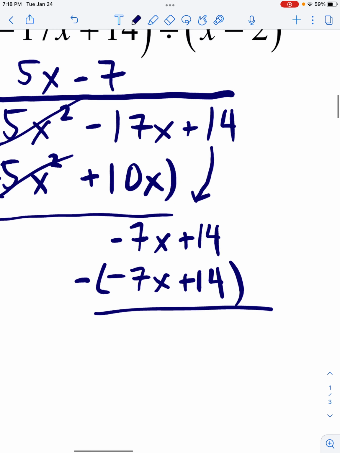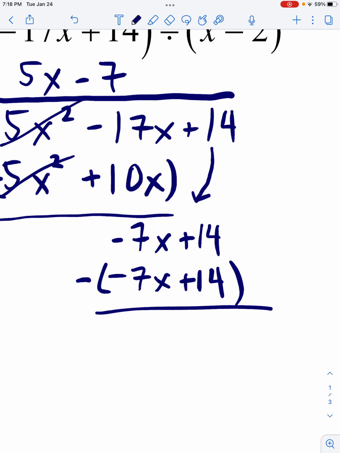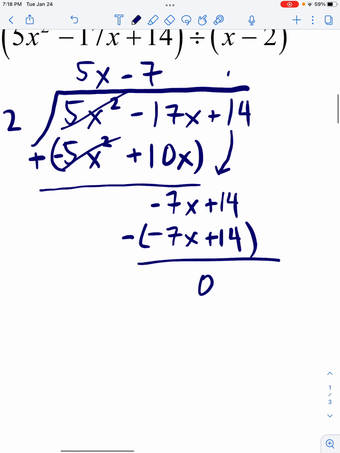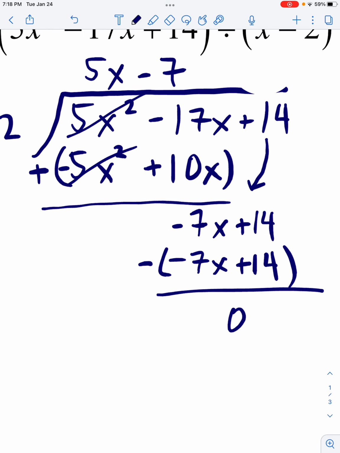And so you can do the whole flip thing. We can make this a plus 7x minus 14. Or you can just look at it and see, hey, I'm subtracting a binomial from itself, so my answer is just going to be 0. So my remainder is 0 here, which means I don't have to write anything up here.